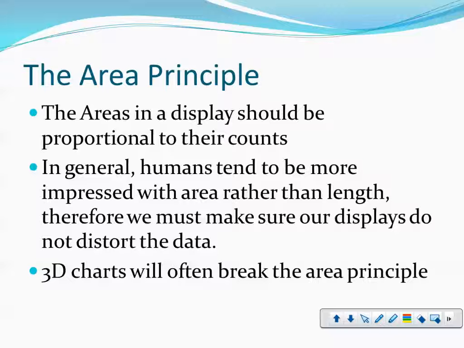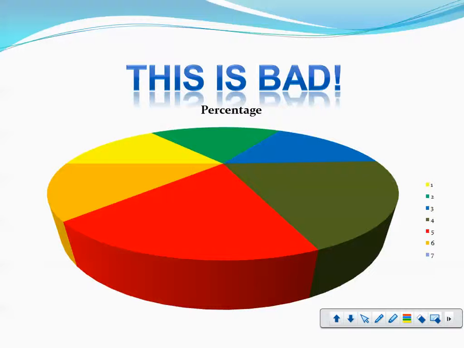This shows up the most in 3D charts. When you've got charts that are in 3D, you really need to be extra careful. For me, I just say don't do 3D charts, because 3D charts are going to mess things up. For example, this is a bad chart.